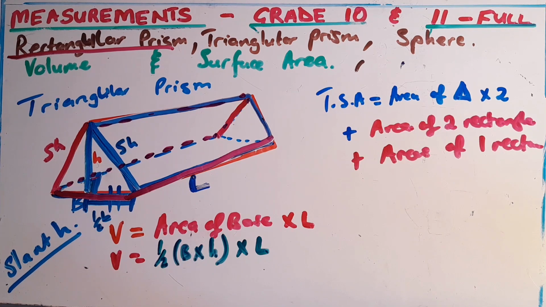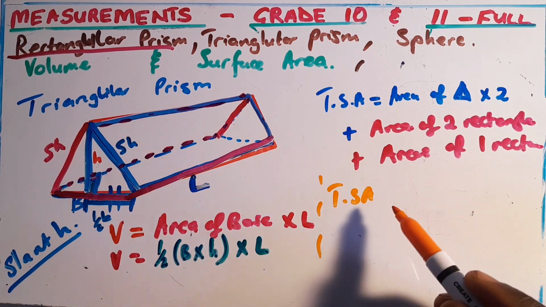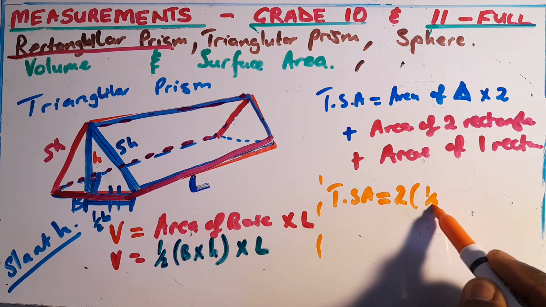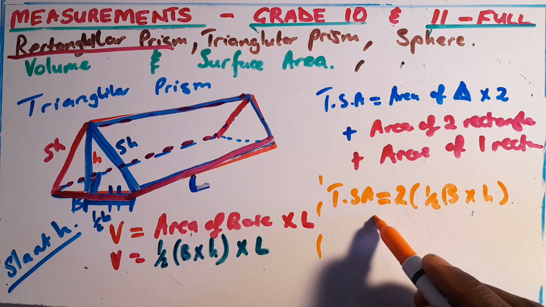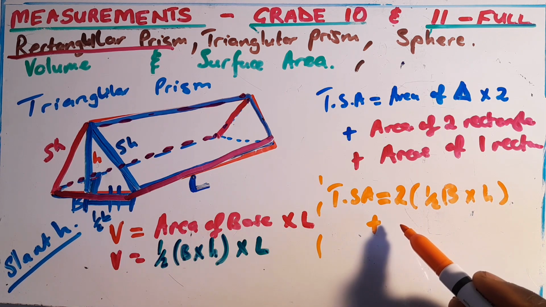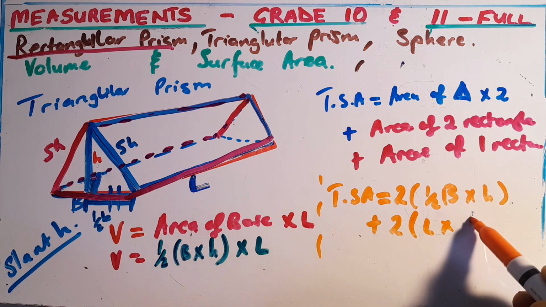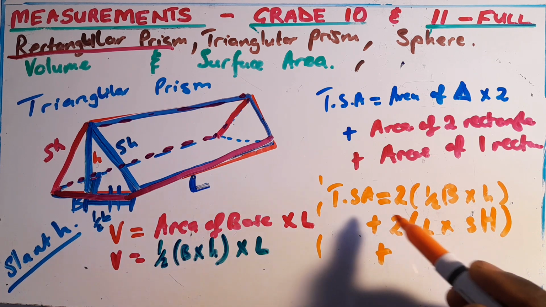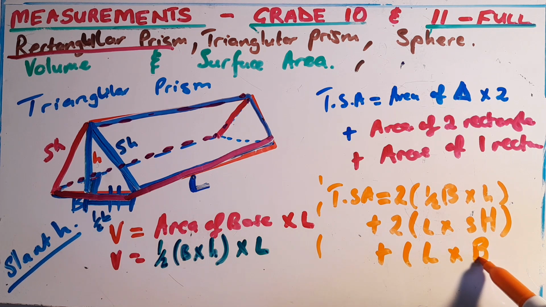So according to this, the way I showed you, it means that now our total surface area becomes, right, so this is 2 by half base times height plus 2 by length multiplied by the slant height, and then plus the area of that other shape being length times the breadth.